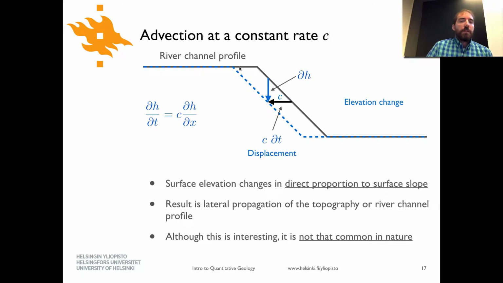But here we have basically the same kind of very simple cartoon version of the same river channel profile, where here it is basically flat, then there's a slope, and then it's flat again.